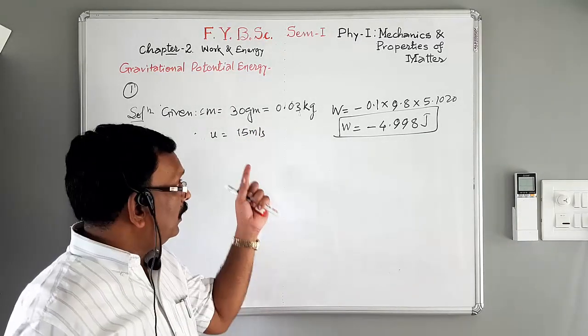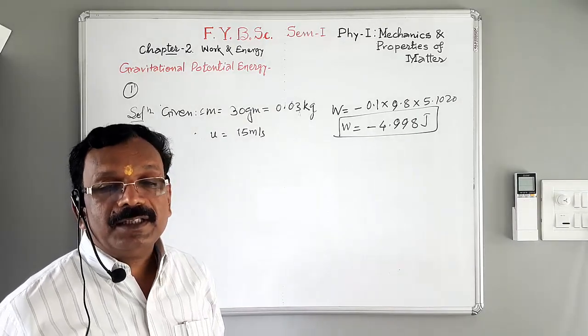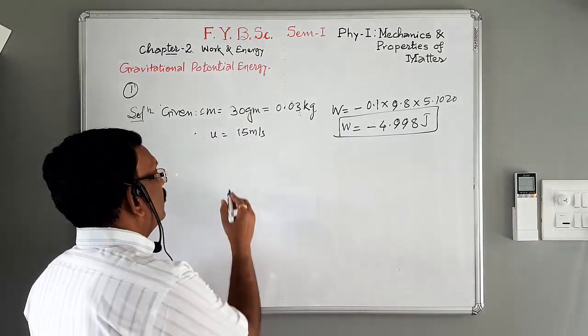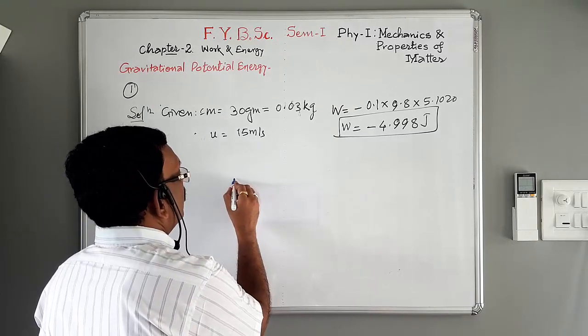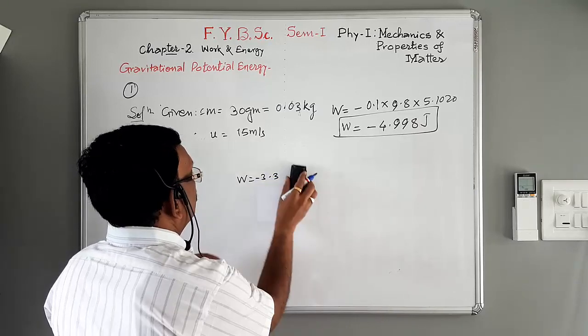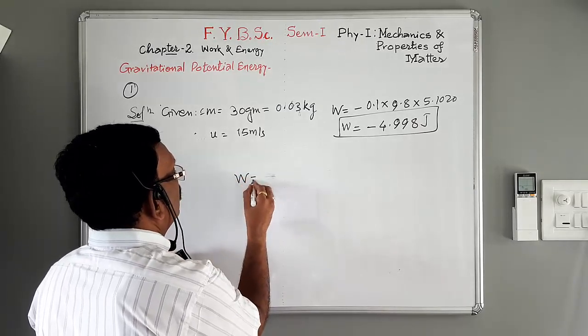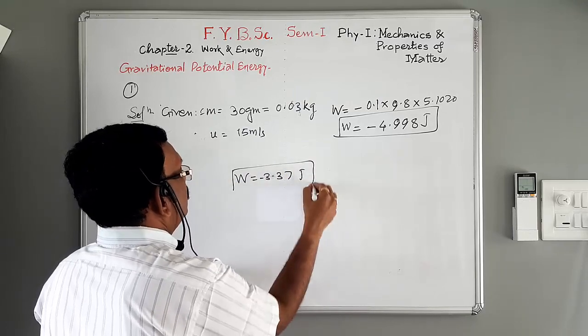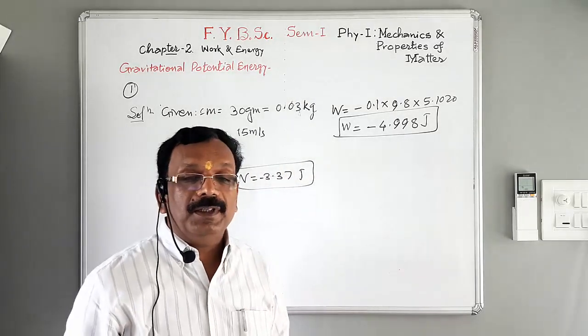Solve this problem by the same method as we used here, and the answer will be work done W is equal to 3.37 joule. Solve this problem by both methods.